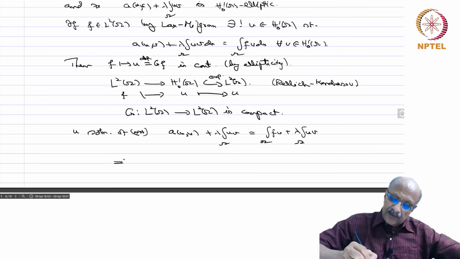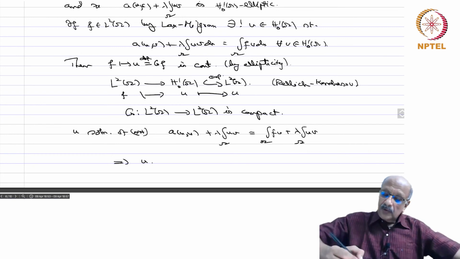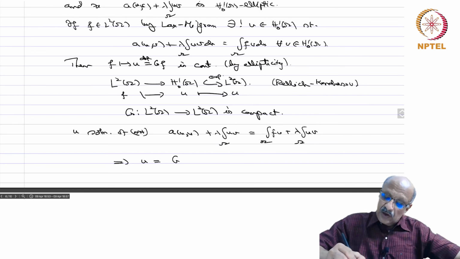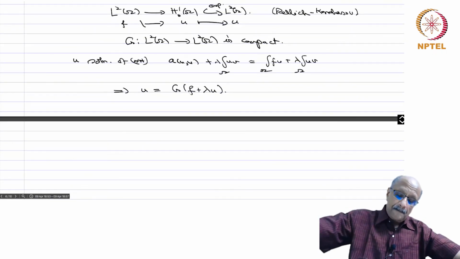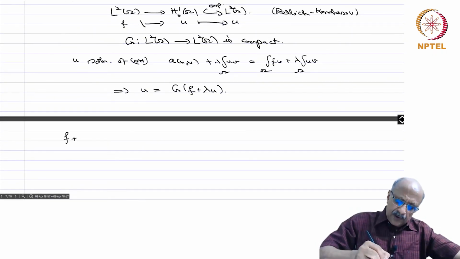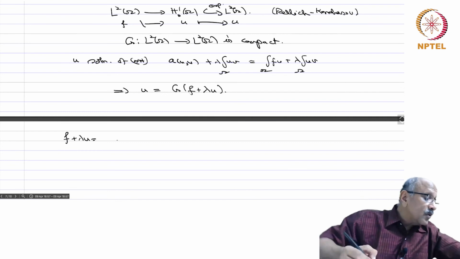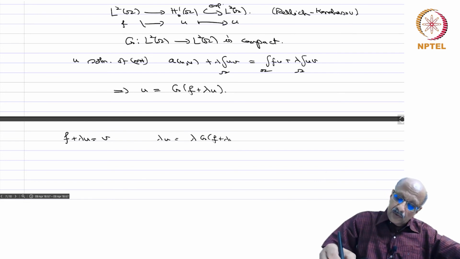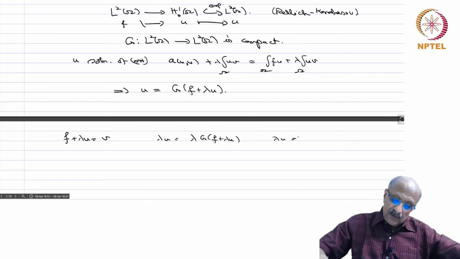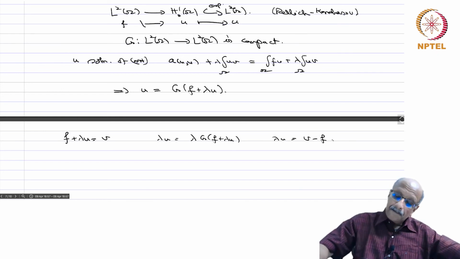So this implies that U is the solution G of F plus lambda U. So you put F plus lambda U equal to V, then you get lambda U equals lambda G of F plus lambda U, and lambda U is what? Lambda U is V minus F. Okay.